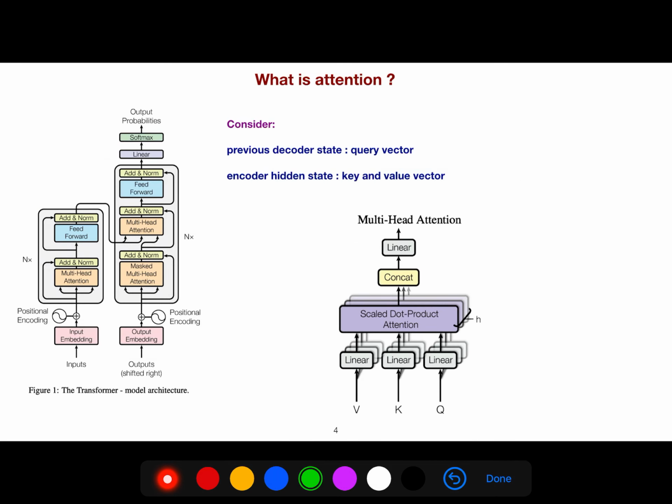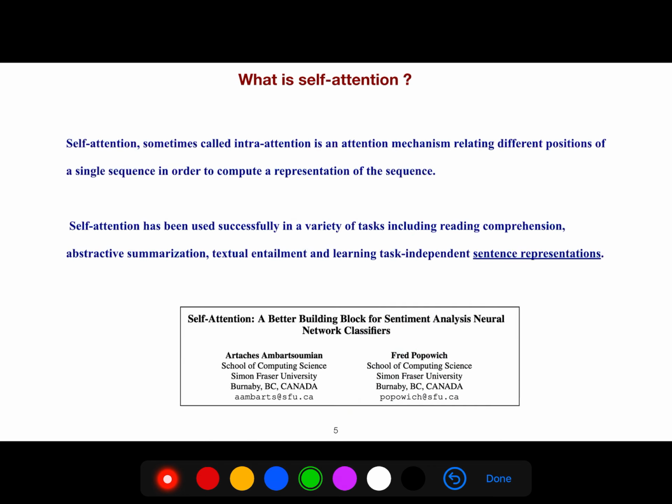And then people worked on more computationally expensive approaches such as the transformer architecture that needs query vectors, keys, and values. So you need values, keys, and queries to have multi-head attention.